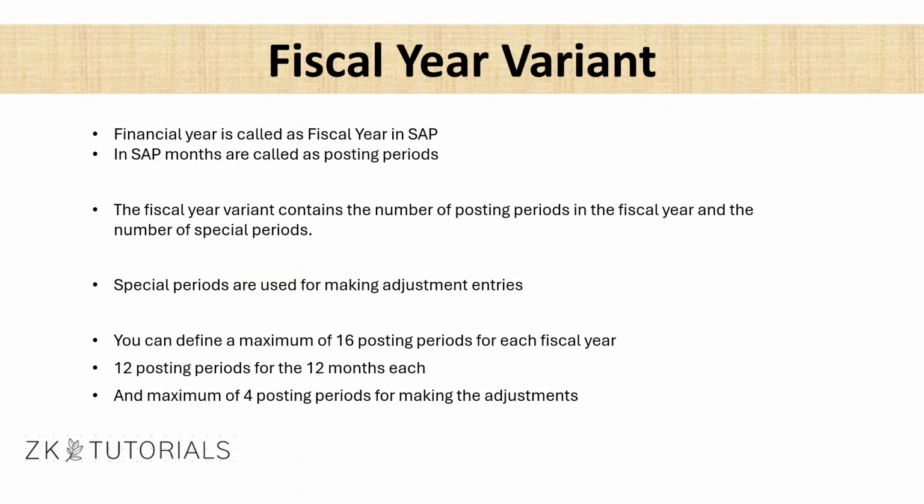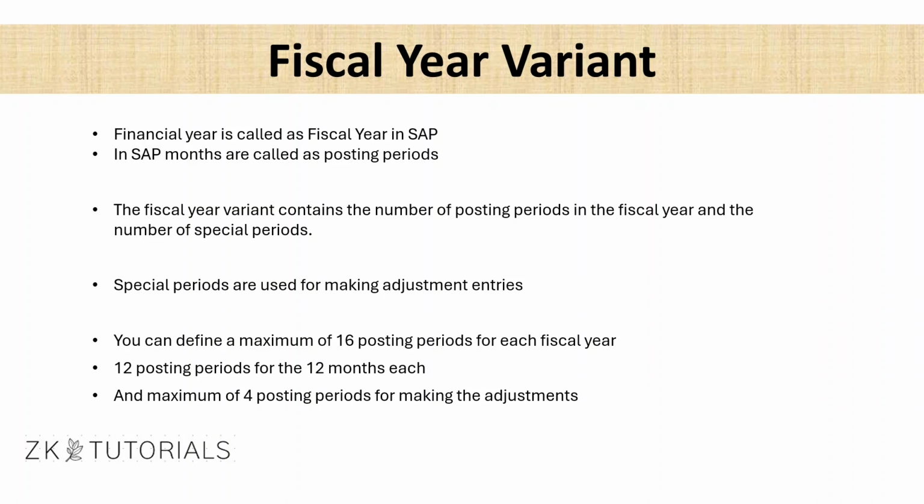In SAP, months are called as posting periods. January, February, March, April, May, June, July, August, September. Every month is called as posting period. And the fiscal year variant contains the number of posting periods in the fiscal year and the number of special periods.